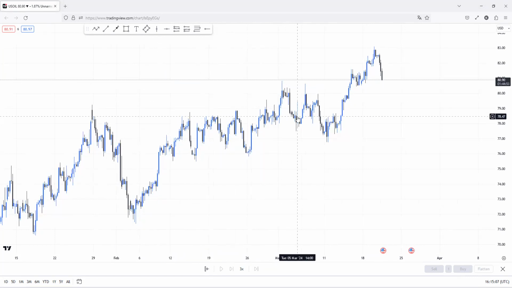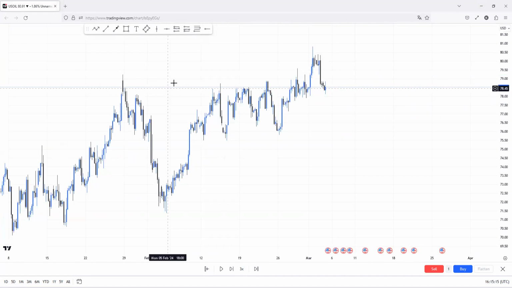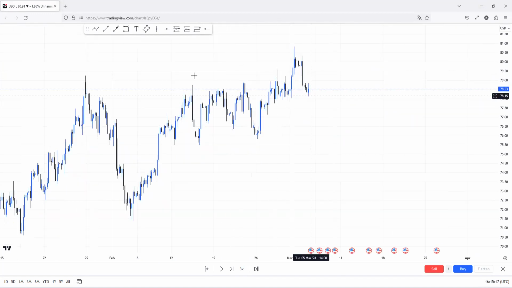We were here, so I'm going to cut it to use the replay mode. What I'm going to show you now is the reason behind that setup, what I use to take the trade.